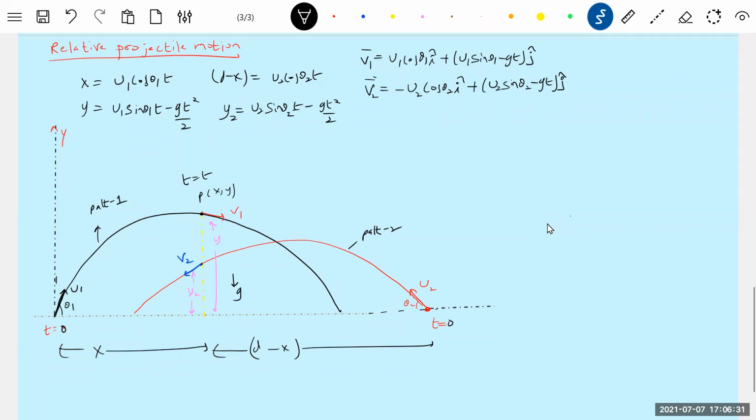Now let me go for relative velocity v12 bar. I think this is the most important part of the problem.